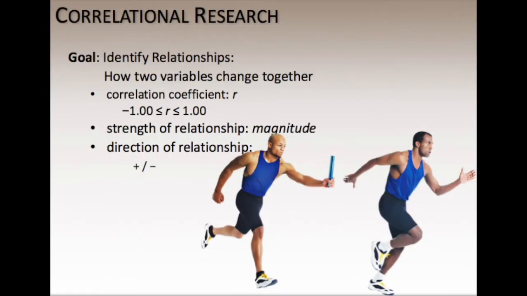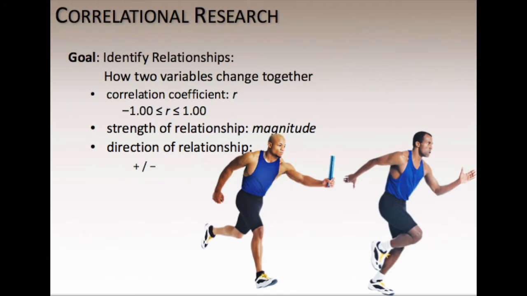The second type of psychological research we will discuss is correlational research. This is conducted when studies are concerned with identifying the relationships between two or more variables so it can be understood how the variables change together. In a correlational study, the variables are measured by the researcher to see how they are related.